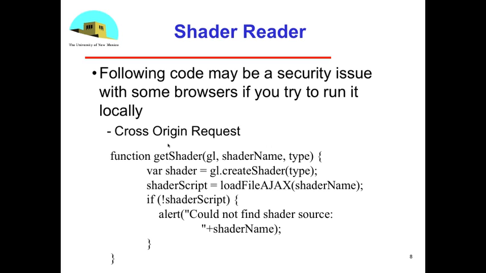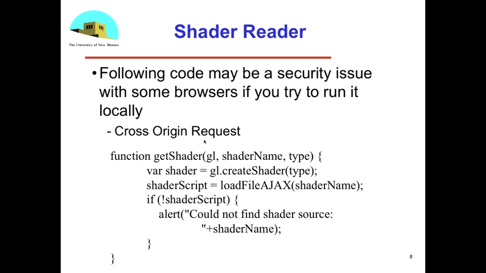This is known as a cross-origin request, which is a security issue that you worry about in things that run on the web, of whether they can read any file locally. If they can read local files of something that's located on a server someplace, then that local file has the potential of doing harmful things. So in general, cross-origin requests are forbidden by many browsers.